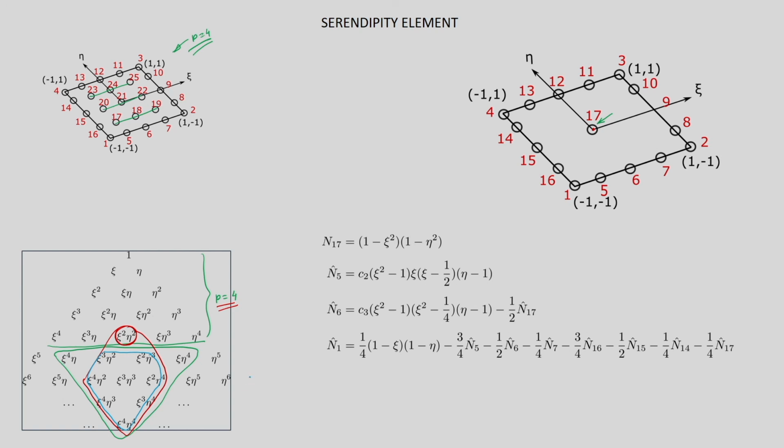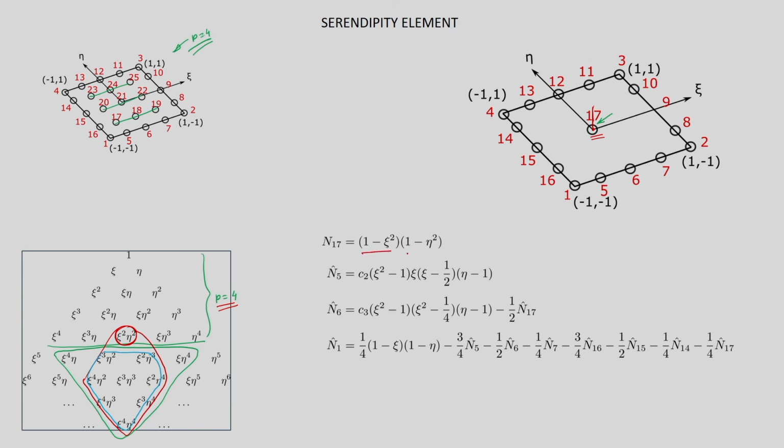Now if I look at the construction in this case, there is a slight change. First we have to define N17, that is at the mid of the element, and this is very easy to construct because N17 is 1 here and is 0 on all the boundaries. So at xi equal to plus minus 1, eta equal to plus minus 1, it has to vanish and has to be 1 at node 17.